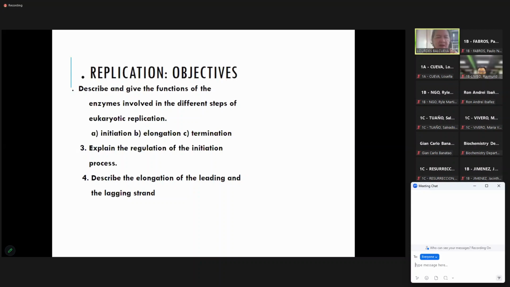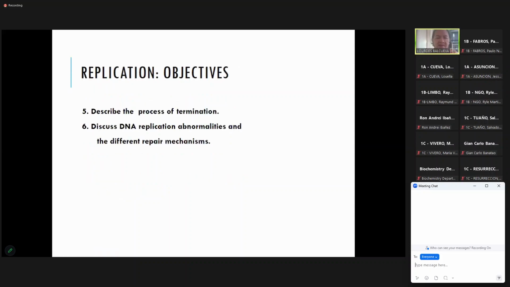And of course, number three is to explain the regulation of the initiation process, describe the elongation of the leading strands, and describe the process of termination, discuss DNA replication abnormalities and the different repair mechanisms. Okay?